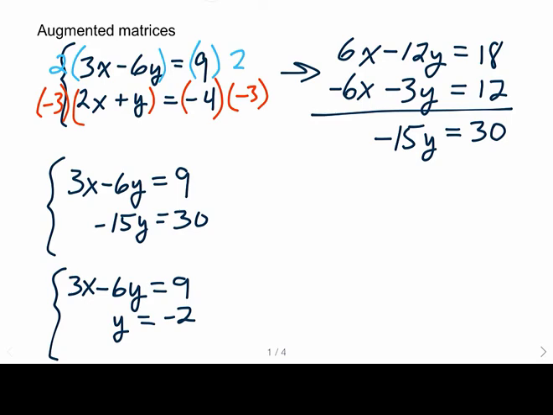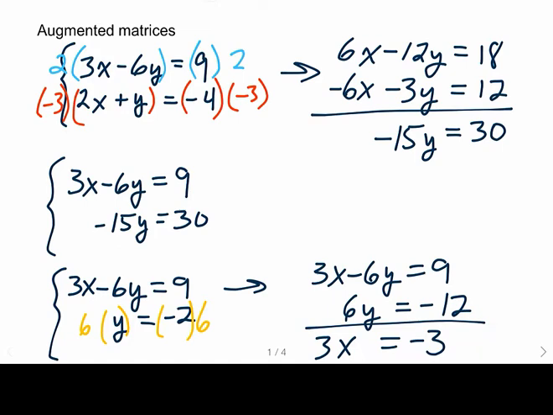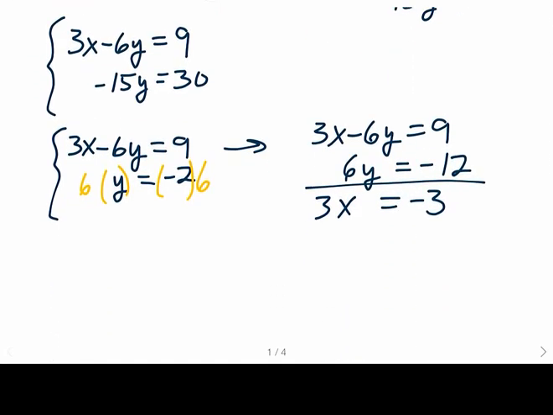Now I want to eliminate the y's, and so I'm going to multiply both sides of the second equation by 6, and then add the equations together. And when I do that, I get 3x equals negative 3. I'm going to replace the first equation by that one.